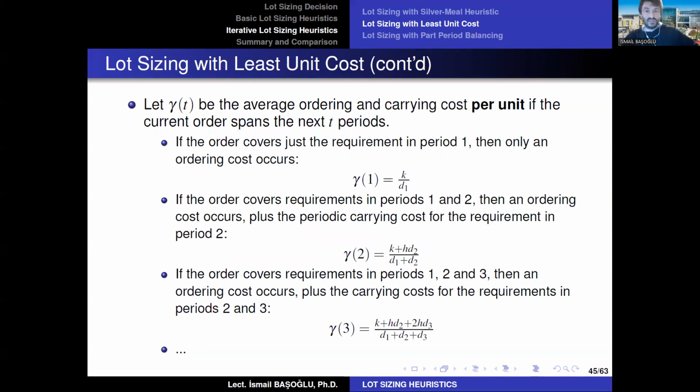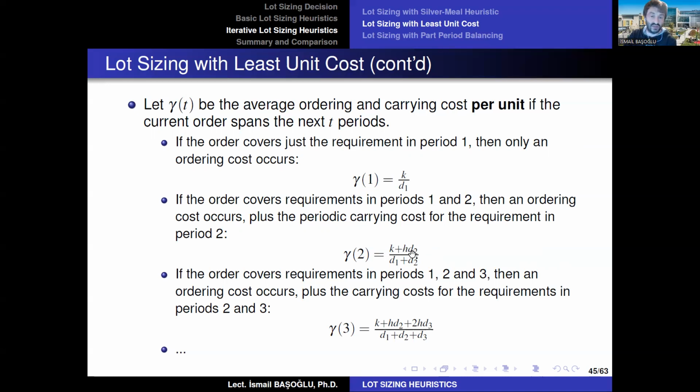So here's the thing. If my order is to span the demand of the next period only, then I'm just going to pay a fixed ordering cost, and this fixed ordering cost will be divided by the total demand in this period only. Okay, so that is the average inventory cost per demanded unit if my order is to span the next period only. Now, if my order is to span the demand of the next two periods, then I will pay a fixed ordering cost plus the inventory carrying cost to carry the inventory of the next period's demand.